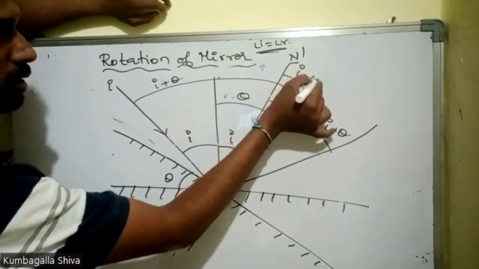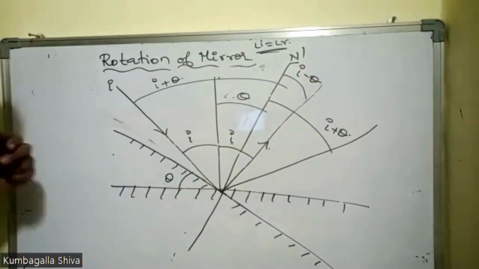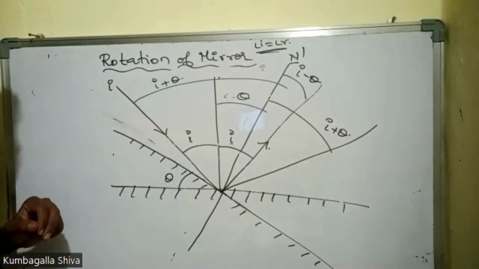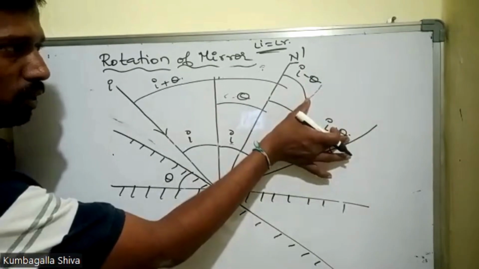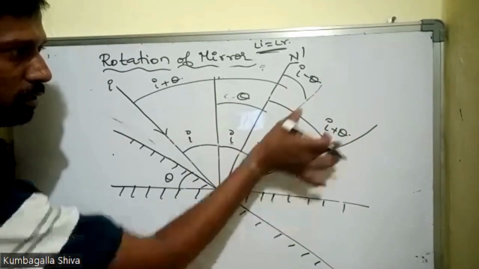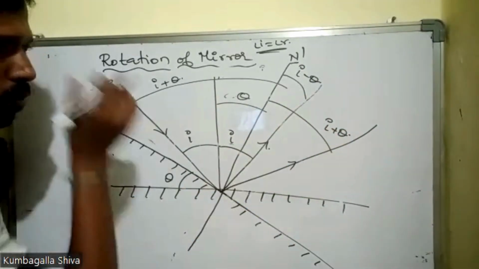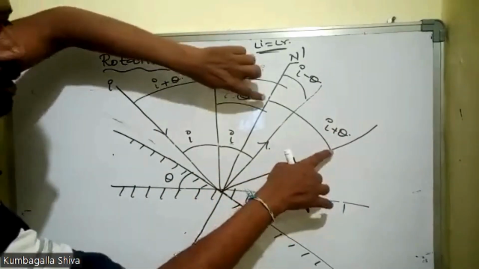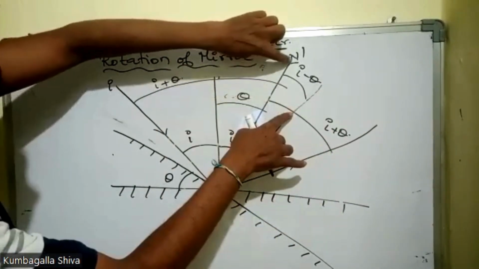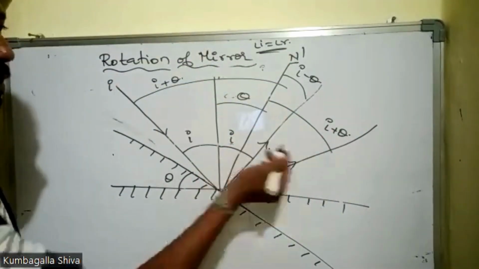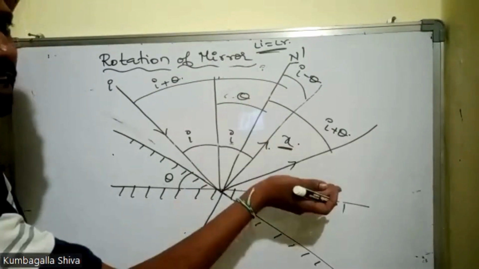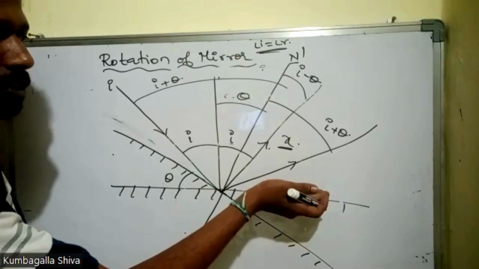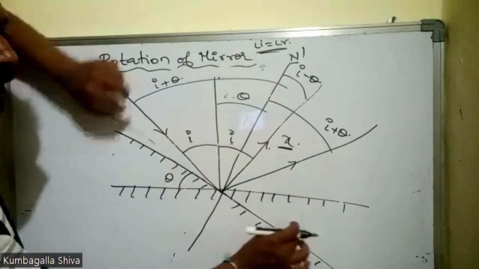I minus theta, right? Now, in order to find this angle, this area of the angle, from I plus theta I remove I minus theta. Then I will get the value of this x value, the angle through which the reflection has moved after the rotation of the mirror.